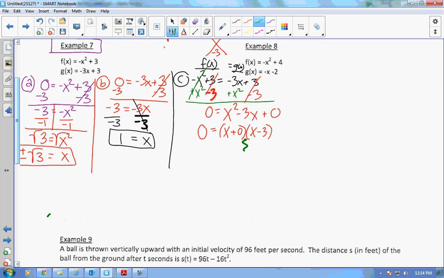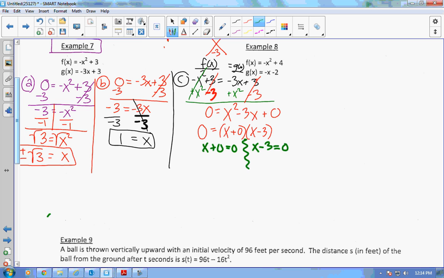We do a squiggle, and then what? So we take each individual factor and set them equal to 0 and solve. X plus 0 equals 0. What number plus 0 equals 0? 0. So x equals 0.